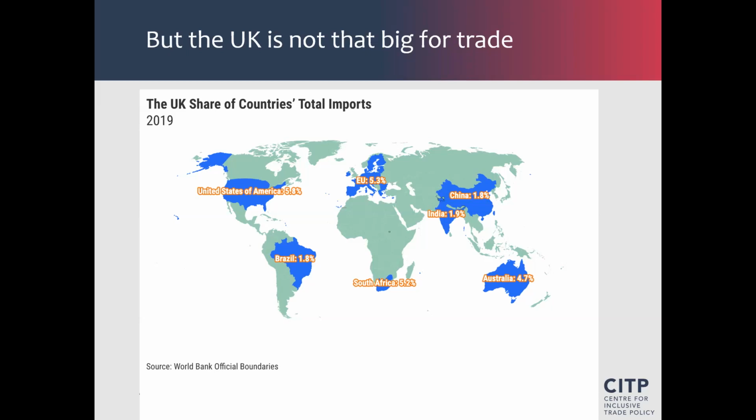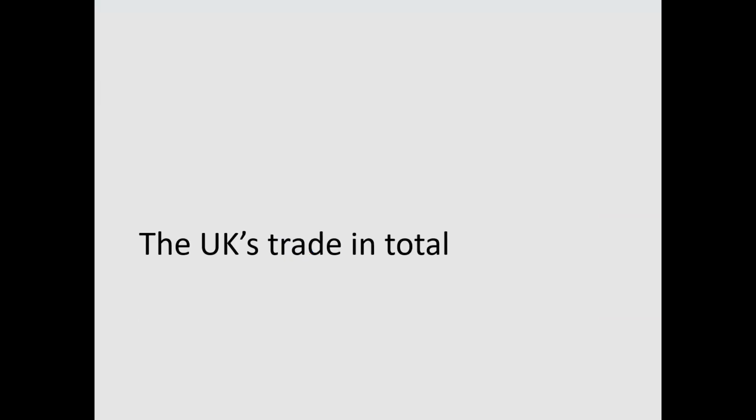But in the big emerging markets, Brazil, India, China, the UK gets less than 2%. In other words, the UK is not really big enough to scare anybody in terms of their behaviour. And that's important when you think about what we might be able to do so far as using trade as an instrument to influence the rest of the world.